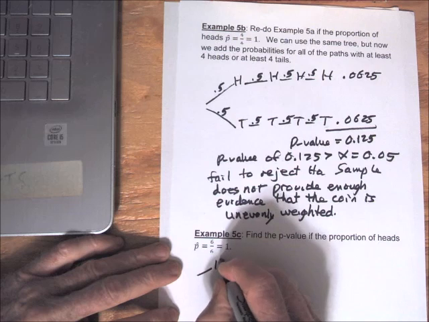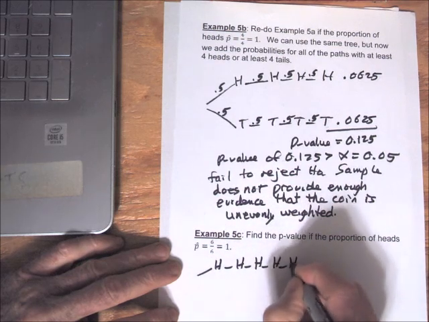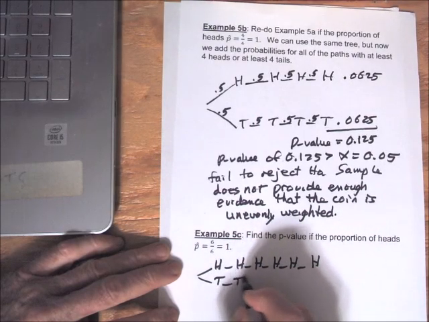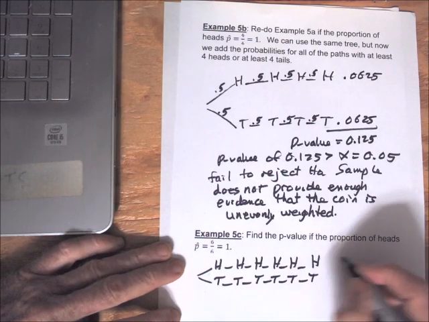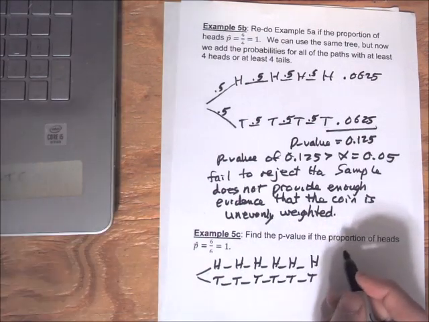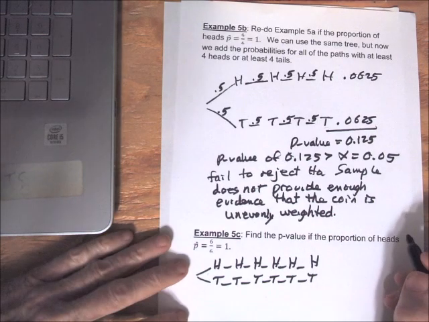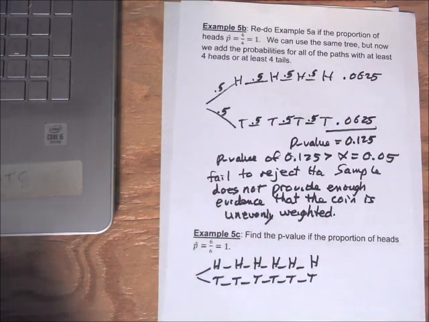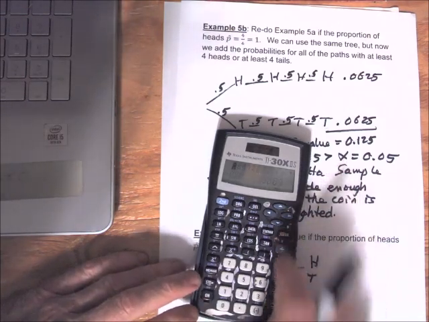And the probabilities are all 0.5. So we have 6 heads, and or we could have 6 tails. So it's going to be 0.5 times 0.5 times 0.5 times 0.5 times 0.5. Okay, so maybe I'll do that on a calculator here with this many. So it's 0.5.